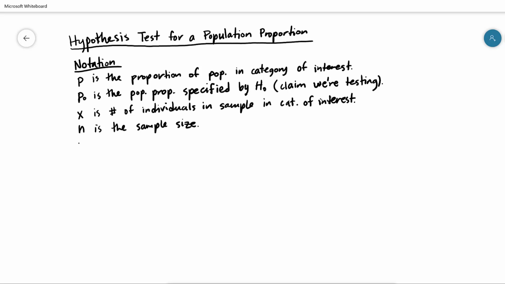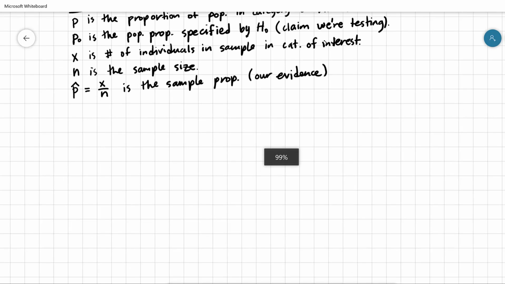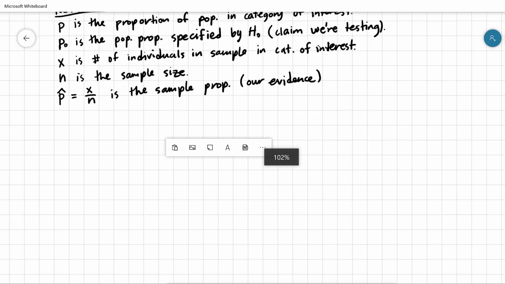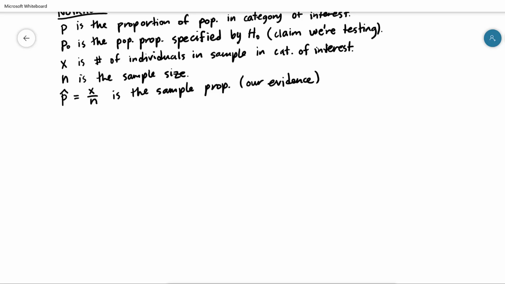And p hat is going to be equal to x divided by n. This is the sample proportion. So this is our evidence. There's our evidence. Okay. So there are the symbols that we're going to be using. In just a minute, we'll go through the actual procedure.